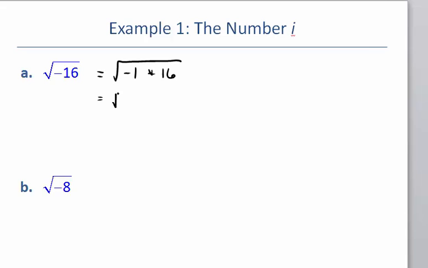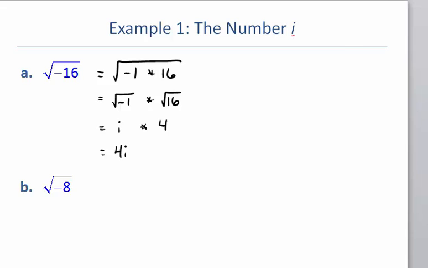We then break the square root up into the two parts: the square root of -1 times the square root of 16. We know by definition that the square root of -1 is equal to i, and the square root of 16 is equal to 4. Normally we would see this written with the coefficient first, and so our answer will be 4i.